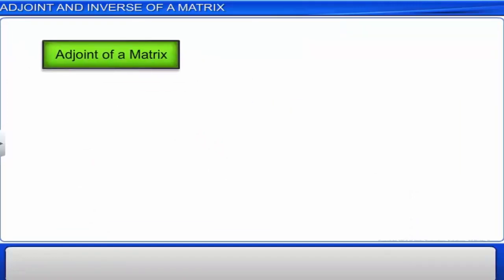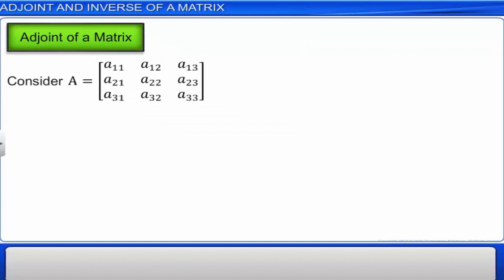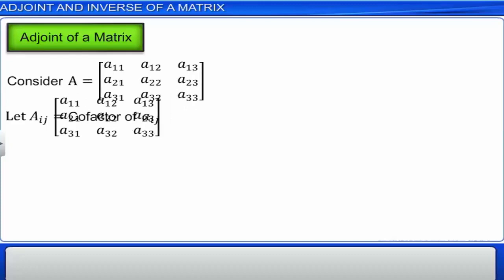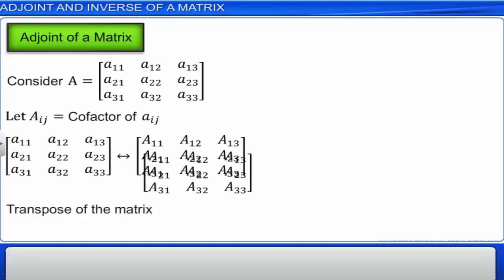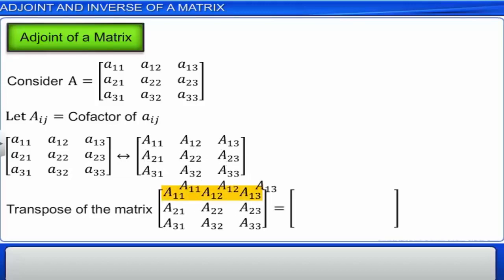Consider a 3x3 square matrix A. Let Aij denote the cofactor of the element aij of matrix A. On replacing the elements of the given matrix A by their corresponding cofactors, we get the matrix shown here. The transpose of this new matrix is known as the adjoint of the given matrix A.